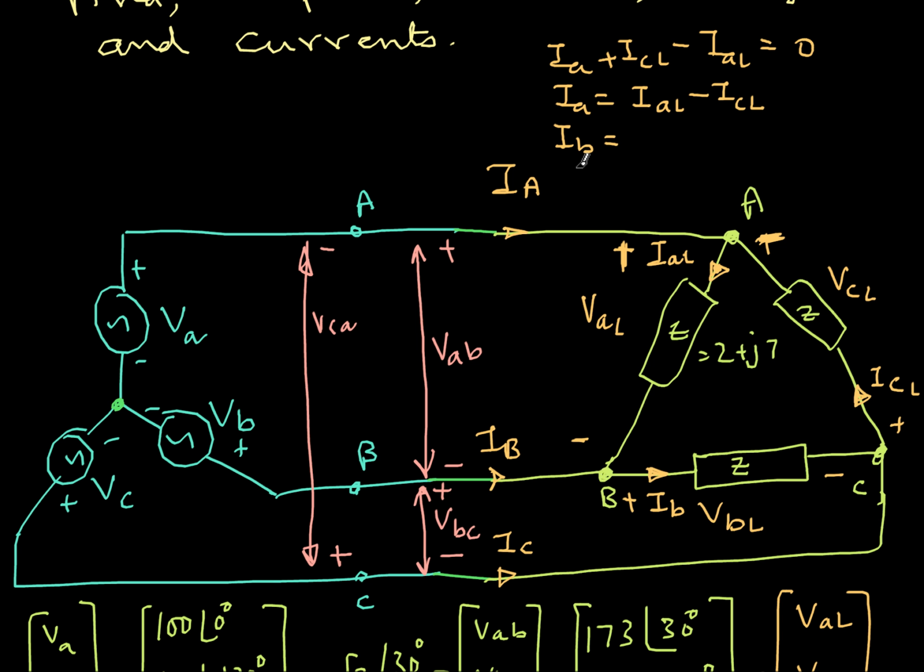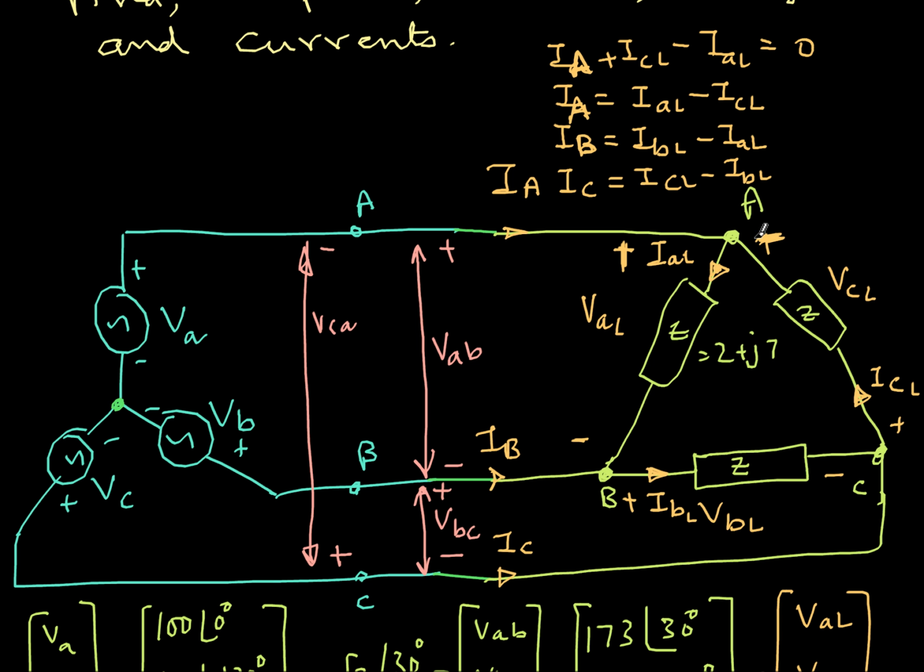This is capital A, I'm sorry for the confusion, and this is capital B. So I capital B is IBL minus IAL. Similarly, I capital C is ICL minus IBL.